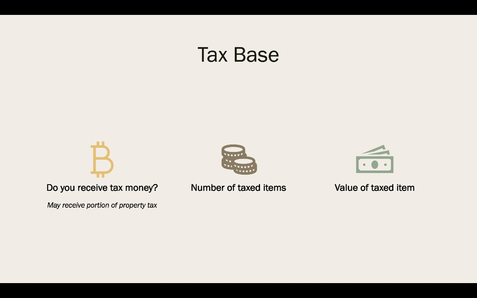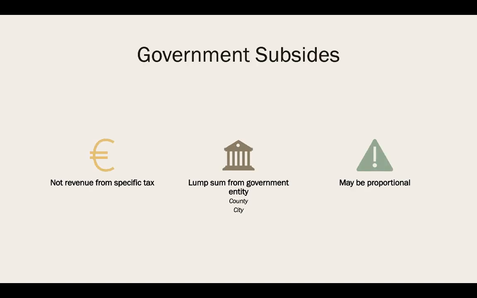When predicting revenues, we're probably going to take those 1,000 properties and say, what's the average value of those 1,000 properties? And we just take that average value and multiply it by 1,000. That's the value. And then what is the proportion of that tax that we will be receiving? And we can predict our tax revenues.